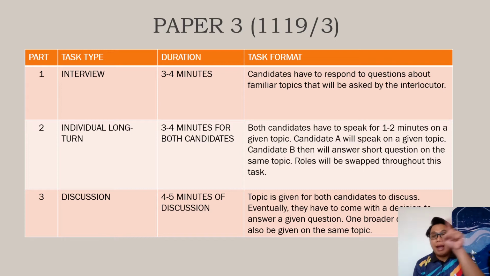You have a mind map with all the content points, and it's your decision to discuss the topic itself. And you need to elaborate more about the content points. One broader question will also be given on the same topic. Clear? Let's go to the next slide.